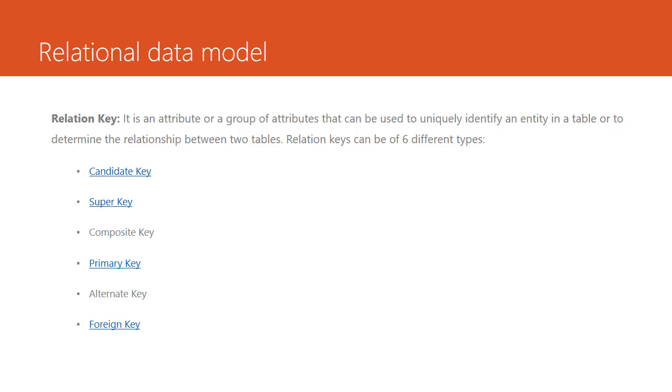For example, in an employee relation, we assume an employee may be assigned multiple roles and may work on multiple projects simultaneously. So the primary key will be composed of employee ID, employee role and project ID in combination. These attributes act as the composite key since the primary key comprises more than one attribute.